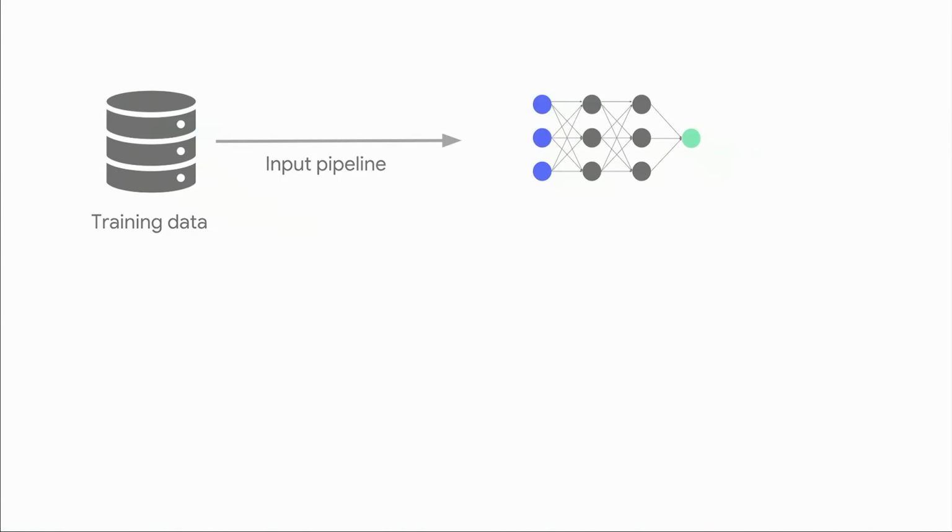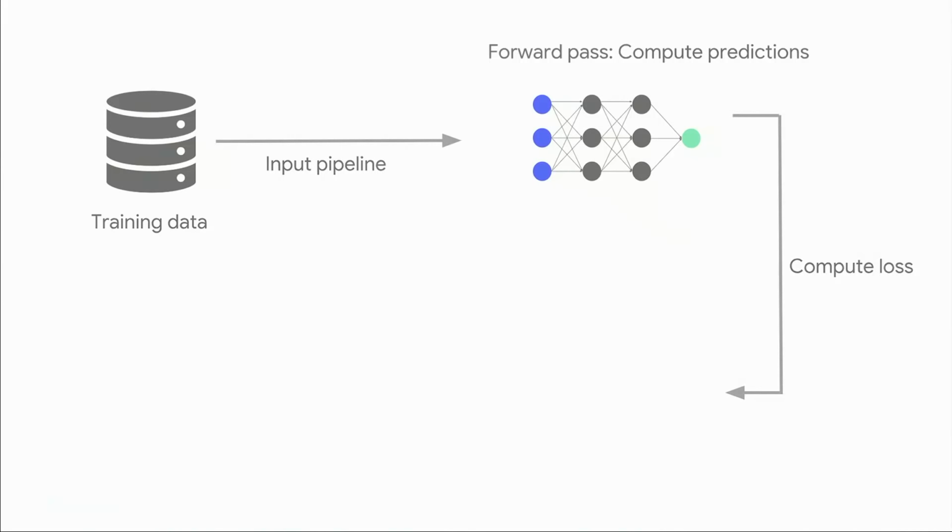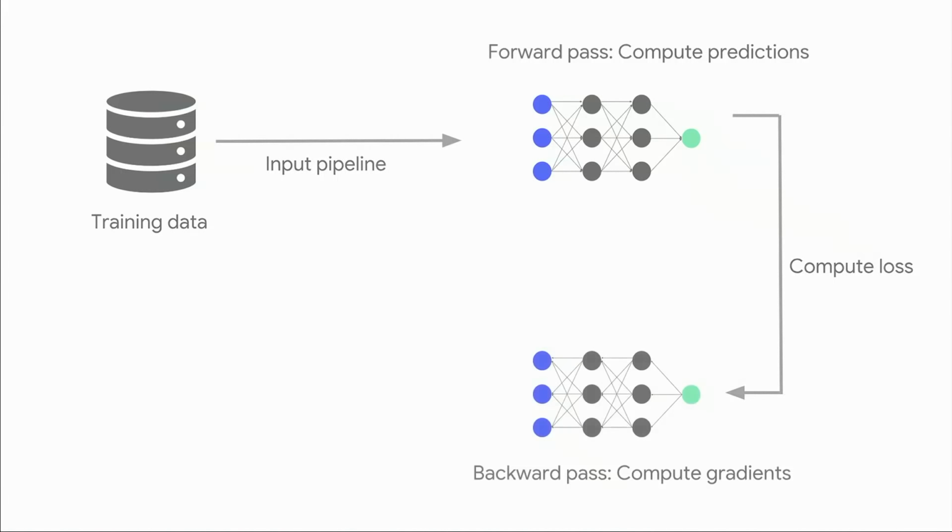A training step begins with some processing on the input data. We then feed this input into the model and compute the predictions in the forward pass. We then compare the predictions with the input label and compute the loss. Then in the backward pass, we compute the gradients. And finally, we update the model's parameters using these gradients.